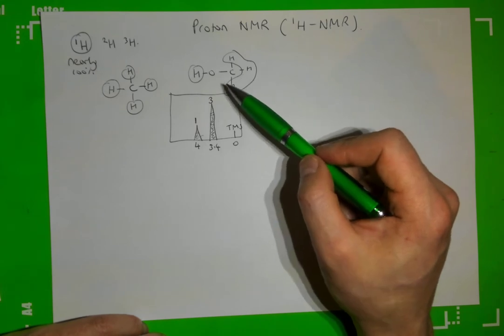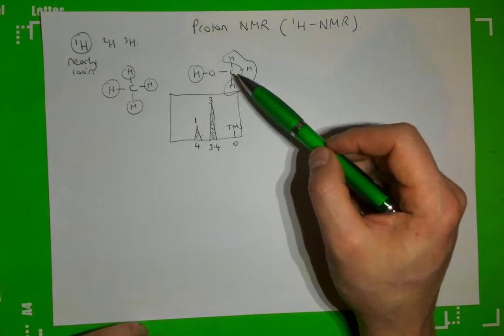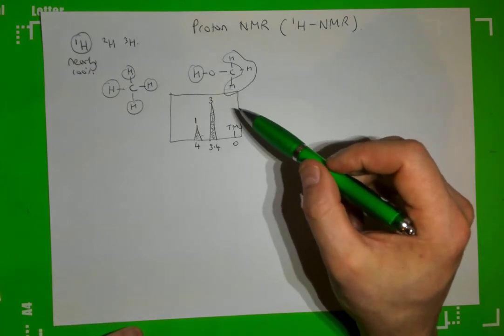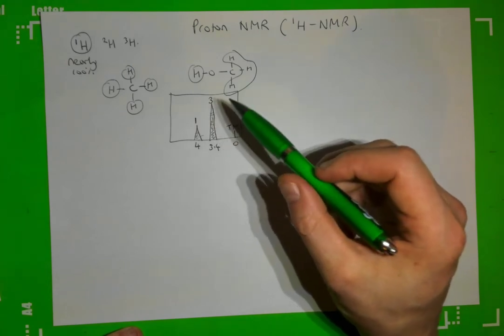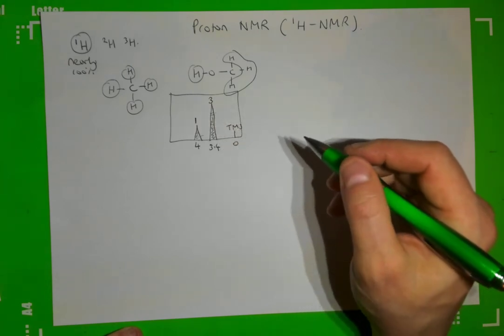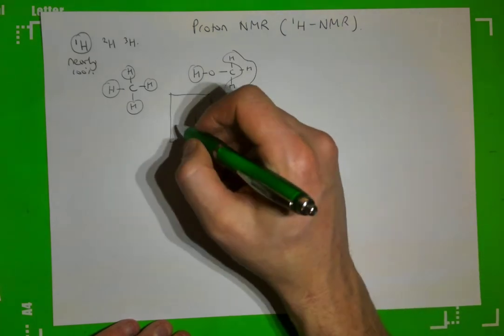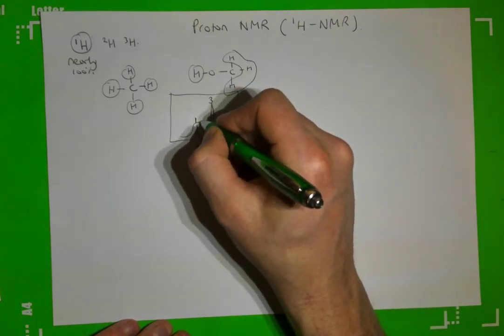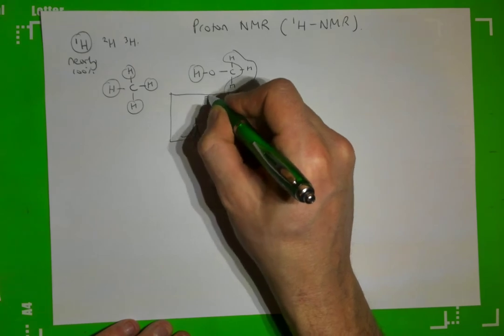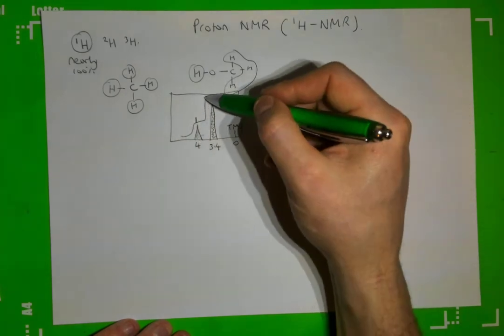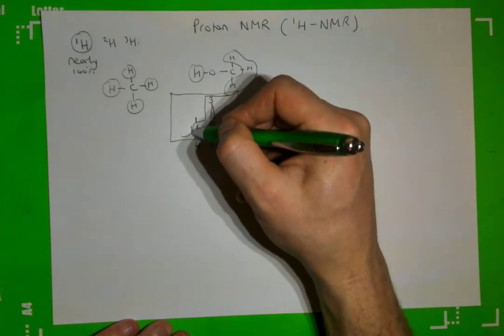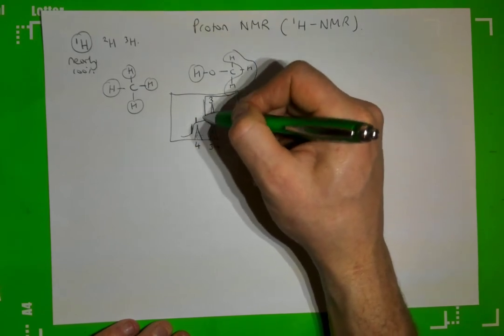Now, sometimes it's quite difficult to see. So an instrument produces a line called the integration trace. An integration trace sometimes looks a little bit like this, over the top of the peaks. That gives the length of this area here, and the distance here.